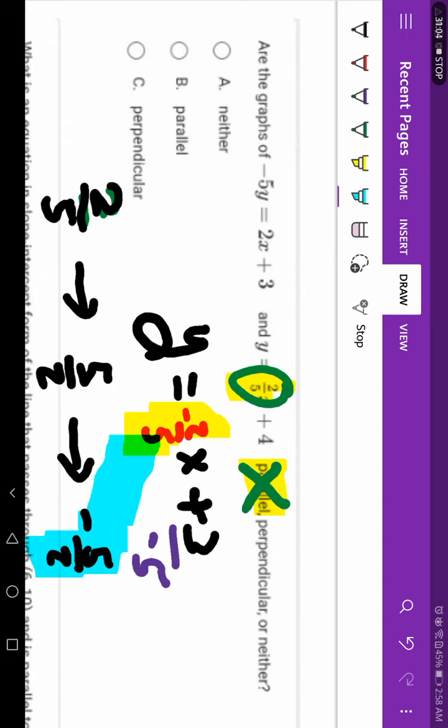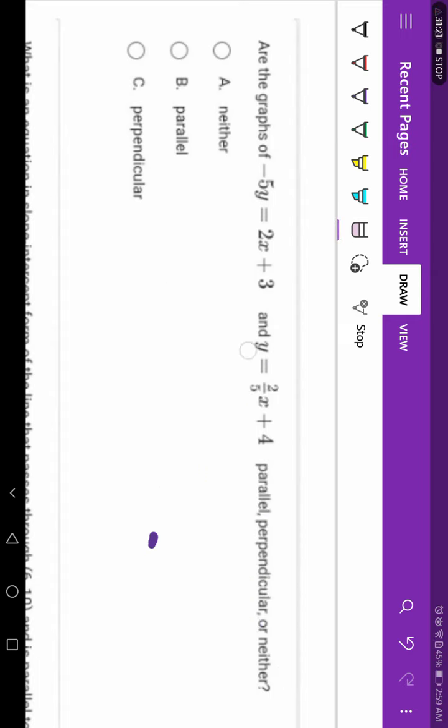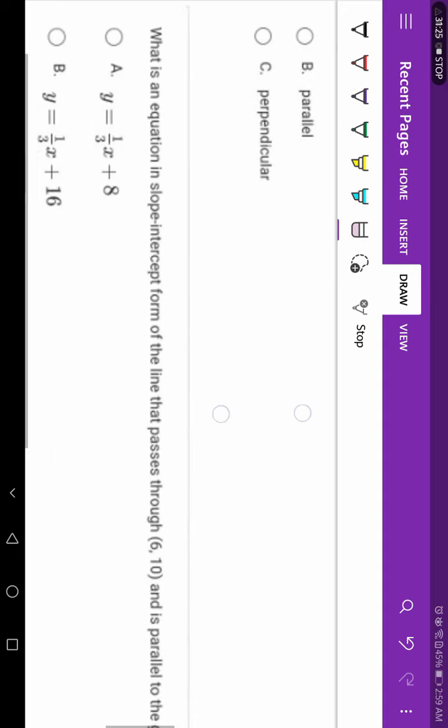This is negative 5 over 2 and this is negative 2 over 5. So they are not perpendicular. So the answer is neither. Are you happy? No? Are you sure? Okay.